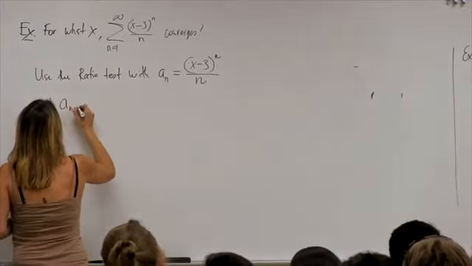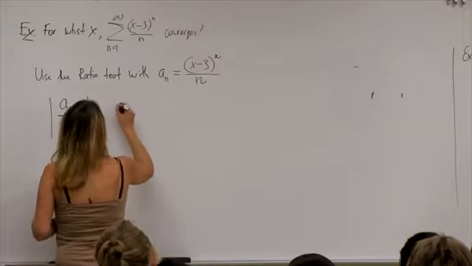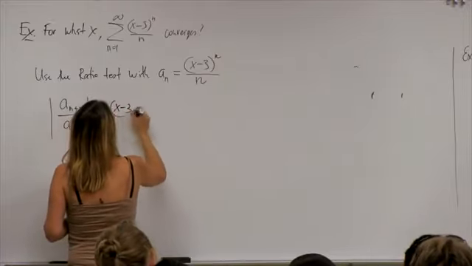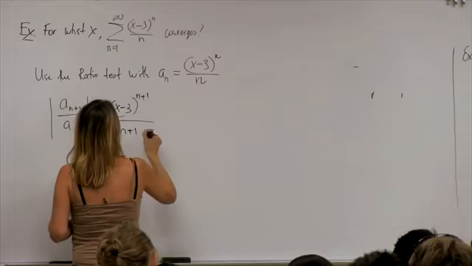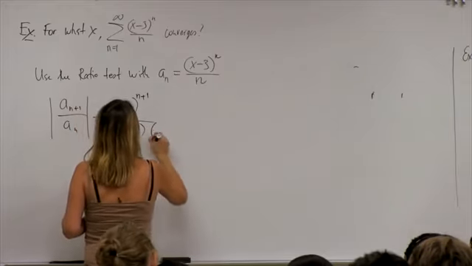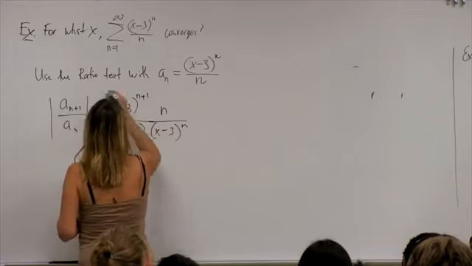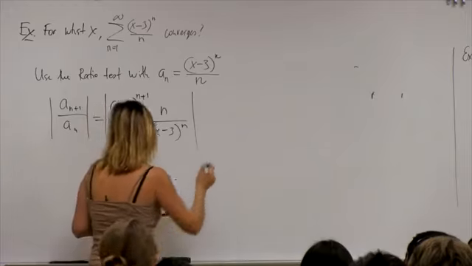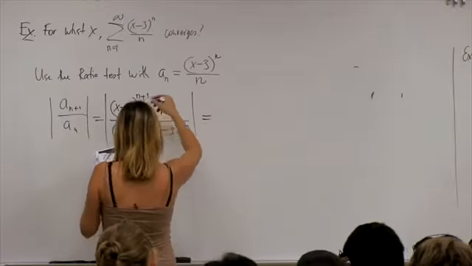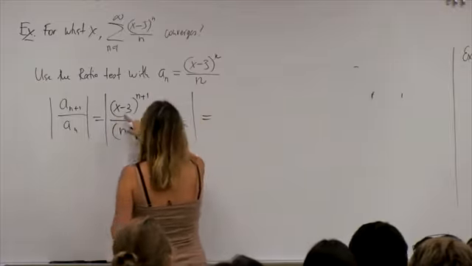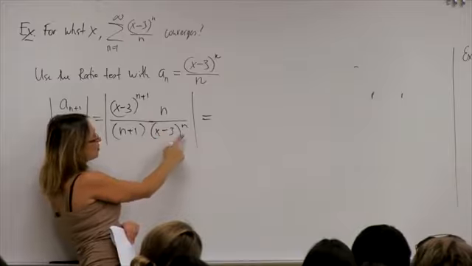So a_(n+1) divided by a_n is (x minus 3)^(n+1) over n plus 1, and we have (x minus 3)^n over n. Okay, so some things will cancel. For example, I have (x minus 3) to the power n plus 1 divided by the same thing to the power n.